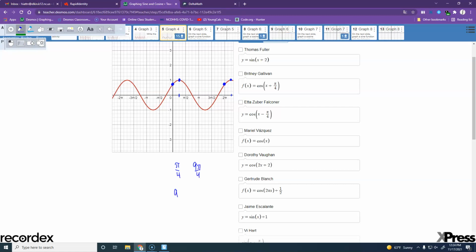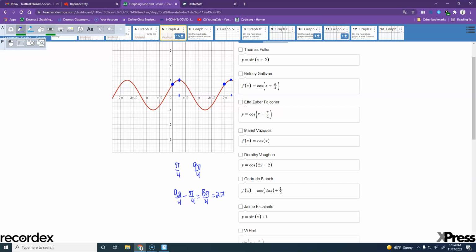If you subtract those, you get 8 pi over 4, which is 2 pi. That might not be the easiest way to do it, but I like to start from 0 and just see when I get back to that same point, because then you don't have to worry about pi over 4s and all of that stuff there. So period is 2 pi.